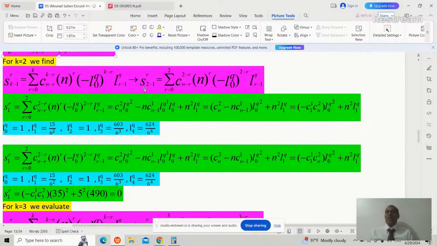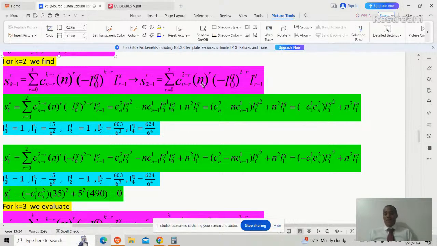This implies that S2 minus 1, because K is 2, of order R equal the sum from 0 to 2, combination N minus R, choose 2 minus R, N raised to the power R between parentheses, negative L0 for the Q raised to the power 2 minus R, L R minus 1 of the Q. This formula is generalized for any polynomial. It means if you have a polynomial to the power n, you should calculate S1, S2, S3 up to Sn minus 1.